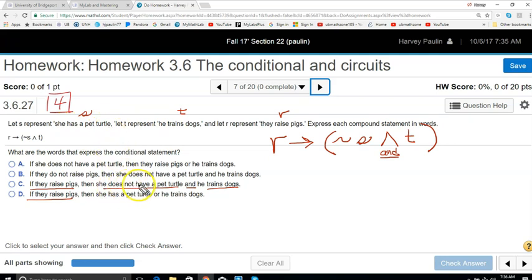She does not have a pet turtle. And the caret indicates the end, and T is straightforward. He trains dogs. So if you pick C, I think you're on the beam here, so to speak. All right, let's go on.